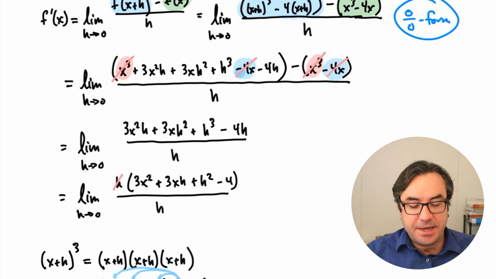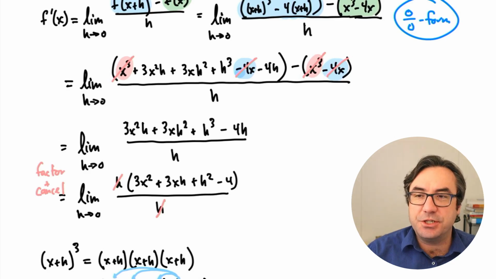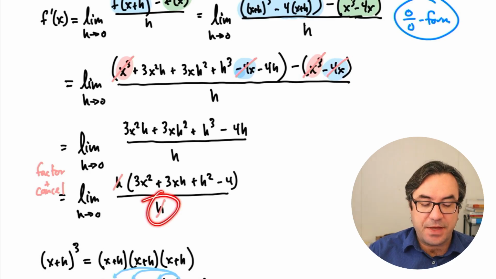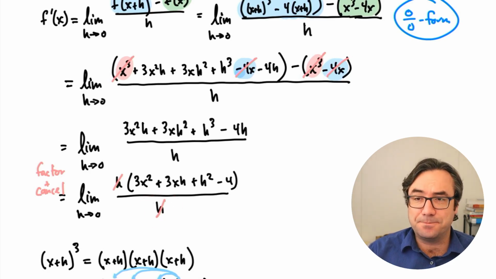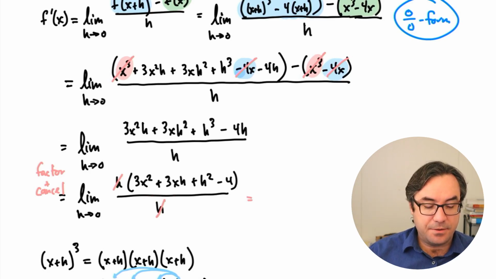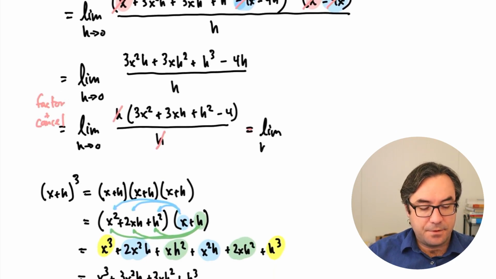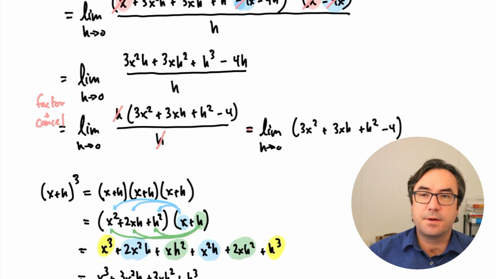And then we see that we can cancel here. So one of our algebraic strategies for doing these indeterminate form limits is to try and factor and cancel out that term in the denominator that was giving us 0. When we do that here, we end up with the limit of 3x squared plus 3xh plus h squared minus 4.